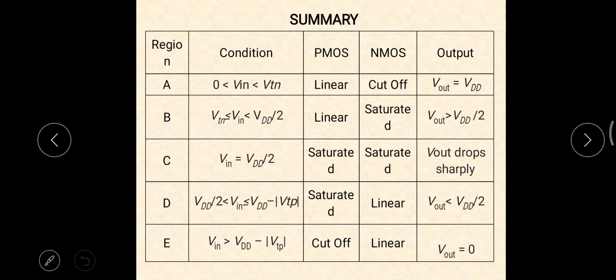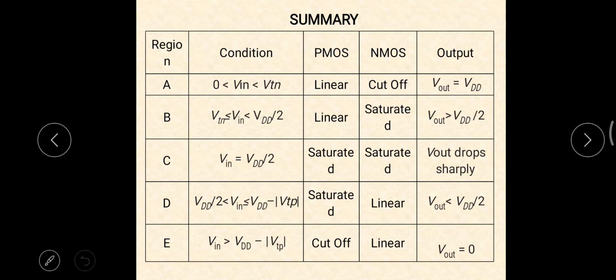At D your input voltage should be between VDD by 2 till VDD minus VTP. Your region E operates greater than VDD minus VTP. Then I mentioned the corresponding operating regions of NMOS and PMOS transistors. Then the output expression, which we already derived.